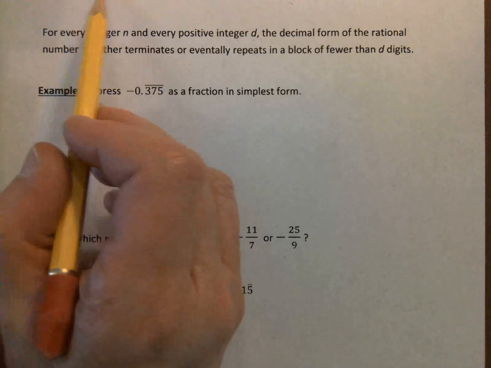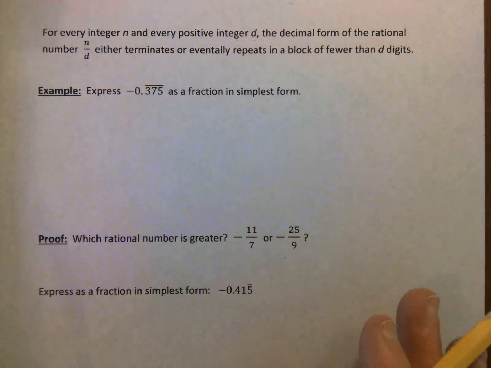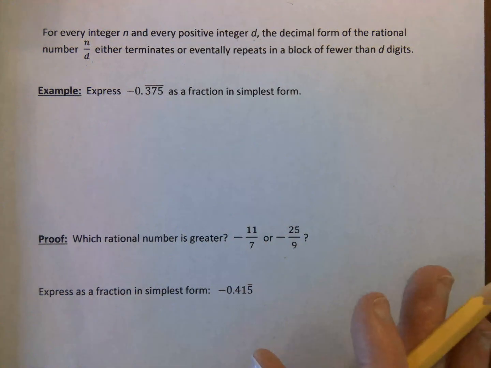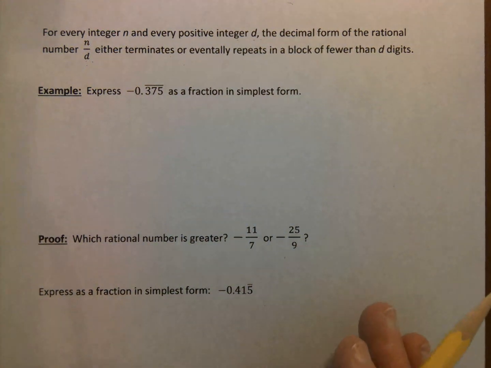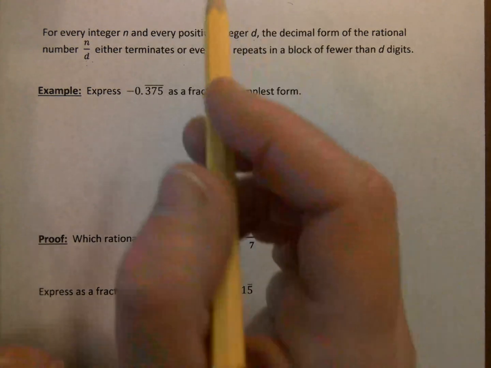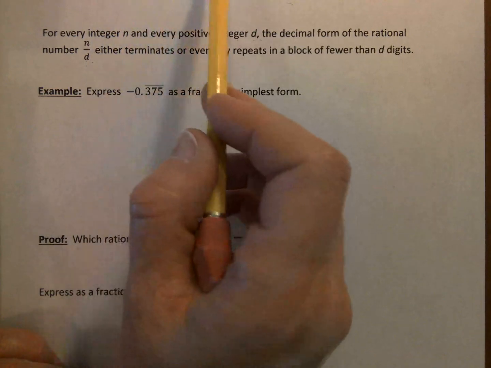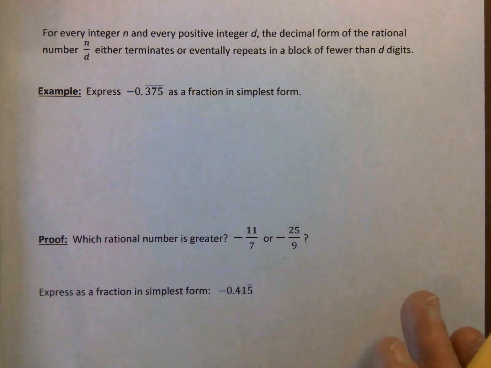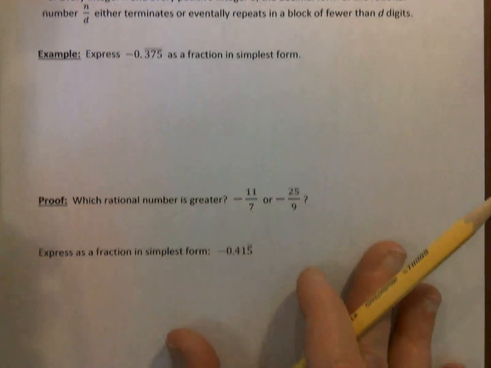It's either going to end or it's going to repeat, and it will still be considered rational. The famous irrational number that you all know is pi. Pi is irrational because it cannot be written as a fraction and it doesn't repeat and it doesn't end. So that's a famous irrational number.